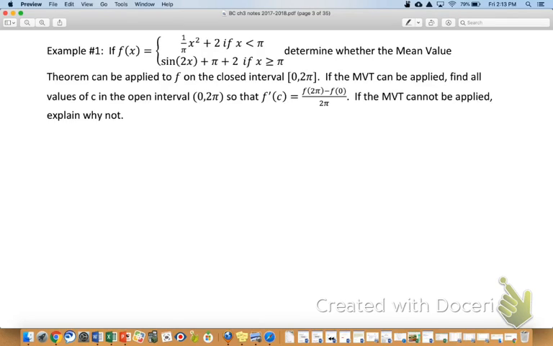Okay. So the first thing we're going to check is continuity. And here's how you do it. In order for a function to be continuous at a point, the limit as x approaches, in this case, pi, which is where the function rule changes, right? So as x approaches pi from the left has to equal the limit as x approaches pi from the right.